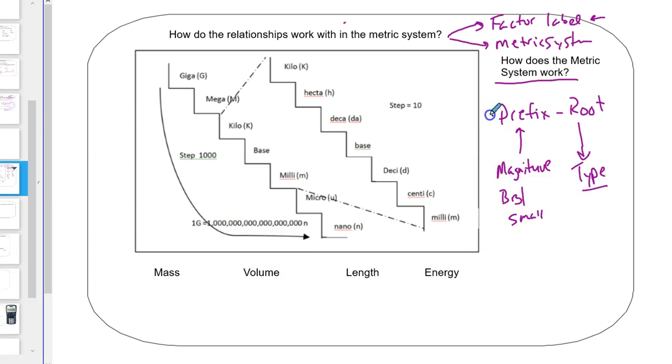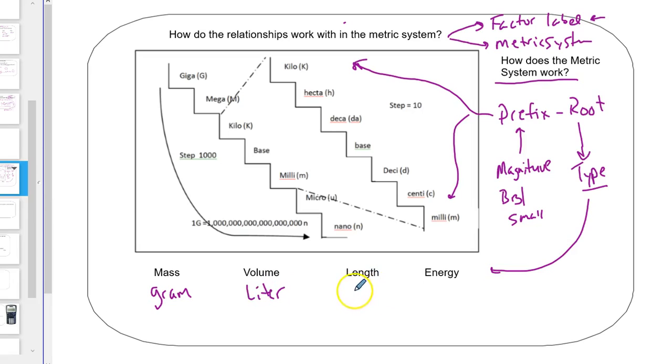My prefixes are listed right here, from kilo down to milli. This tells you how big the number is. And then the prefixes are based off of these base units. The base units are the gram for mass, the liter for volume, and the meter for length.